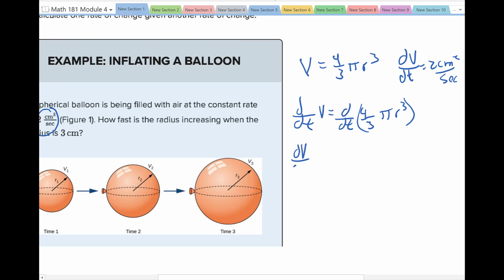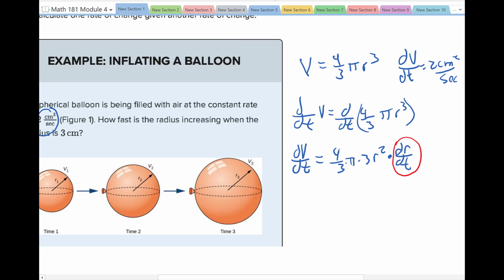That's our dV/dt, and that's going to be 2. On the right side, the 4/3 is a constant, pi is a constant, so we're going to have 4/3 times pi times the derivative of r cubed, which is 3r squared times dr/dt. And our goal for this is to find dr/dt. This is what we're after here. We want to make it say dr/dt equals.